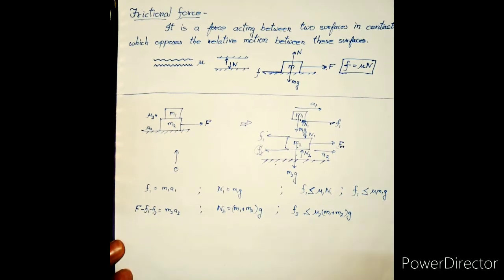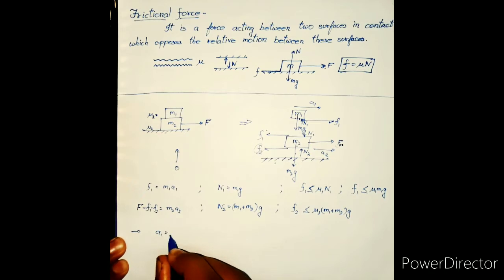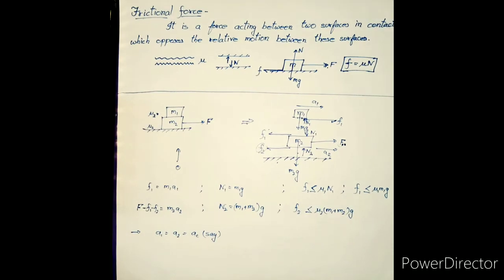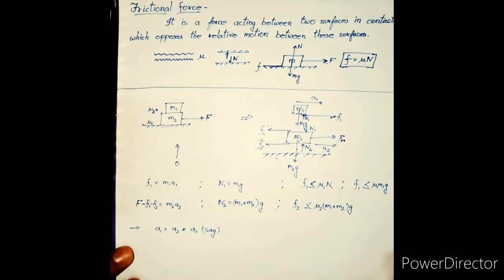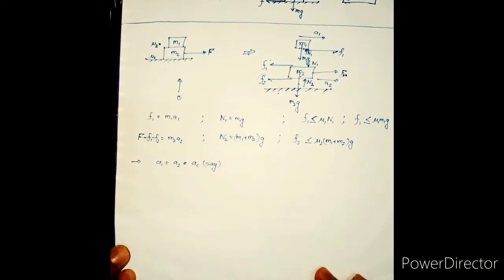The situation when both the blocks are moving with common acceleration, I'm taking it as A1 is equal to A2 is equal to AC, right? So this is the possibility when they are moving with common acceleration. Now what would happen?